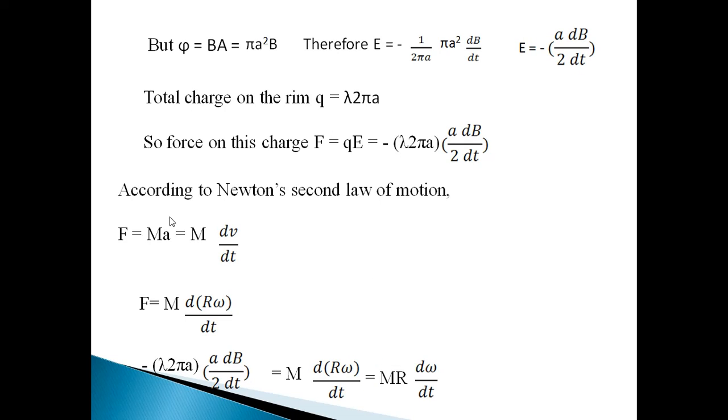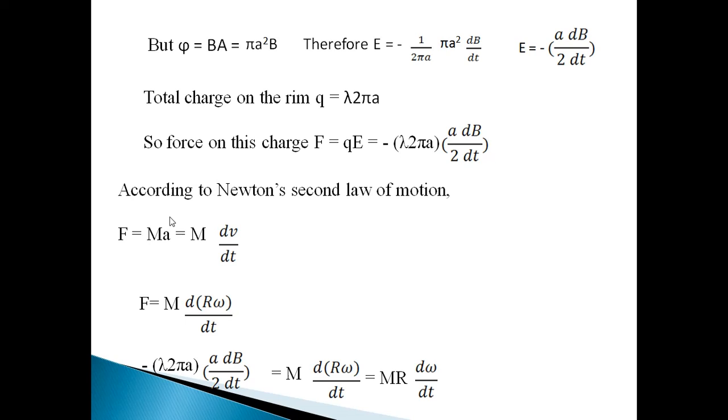Now phi is B into A, that is B into pi a squared, the area where the magnetic field exists. Therefore, E is equal to minus 1 by 2 pi a, pi a squared d by dt. Here it is the change in magnetic field, therefore d phi will be dB by dt. And therefore E equal to, if you simplify, minus a by 2 dB by dt.